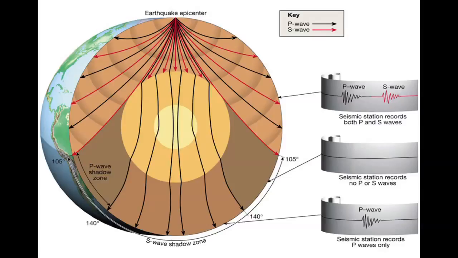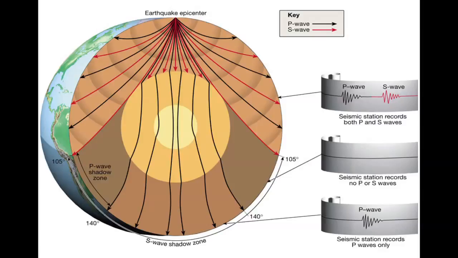As the wave goes through a different medium, whether it be solid, liquid, brittle solid, ductile solid, whatever the medium change is, it's going to bend a bit as it goes through the different boundary layers. So this is basically how we understand where all the layer boundaries sit, by recording these P waves and their travel times and actually imaging them as they go through.